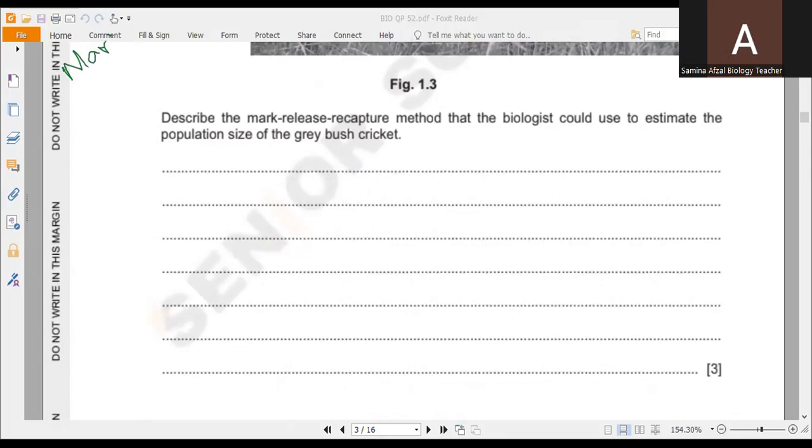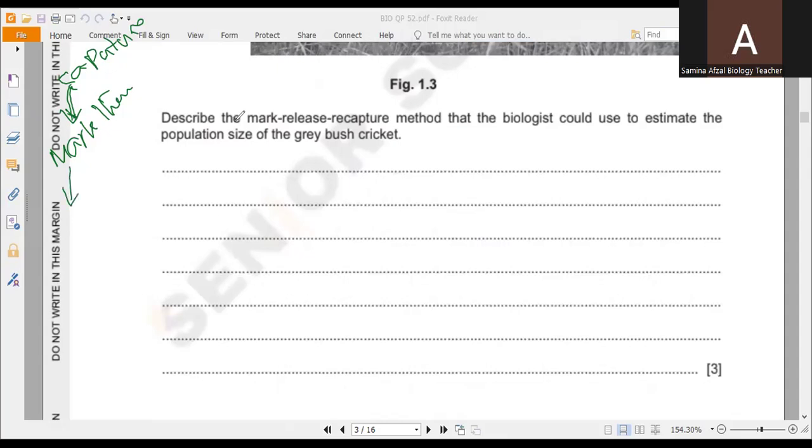First of all, they capture a population, then mark them.